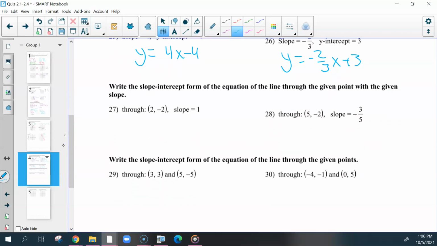For 27 through 30, you have to use your point-slope formula. They give you a point, they give you the slope, put both of those things in, and you get your slope-intercept form.